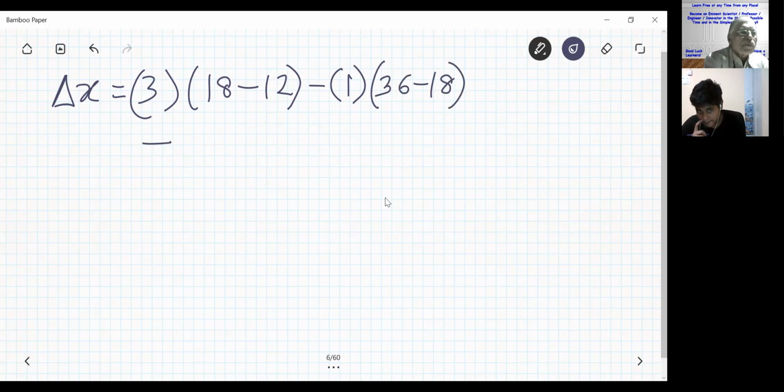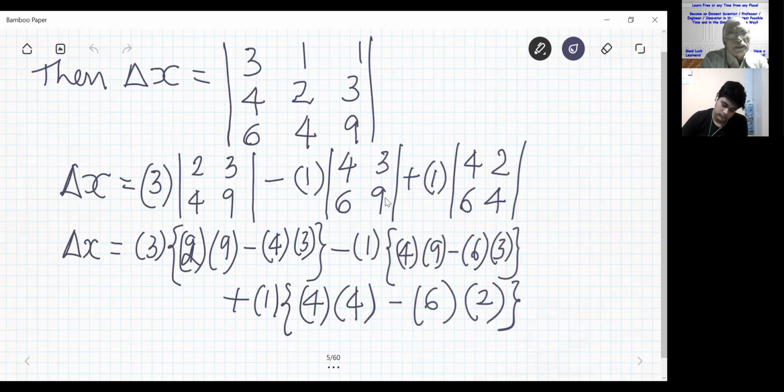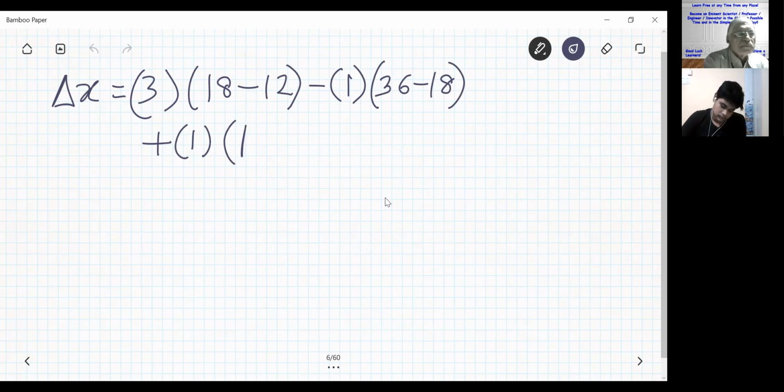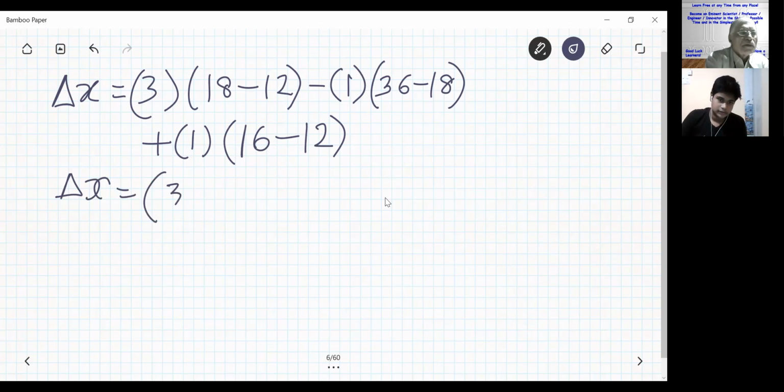Then there is plus 1 into 16 minus 12. So what will be delta X? 18 minus 12 is 6.